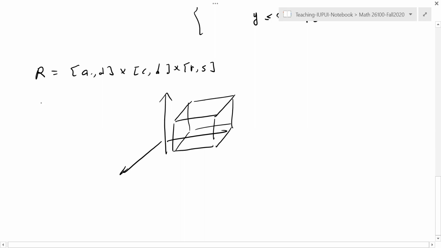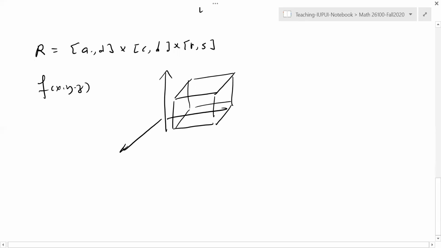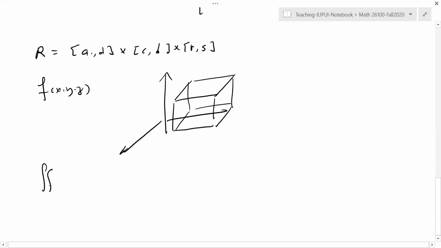The function is defined and depends on 3 variables, and we take the triple integral of this function, with dV. How do we do that?